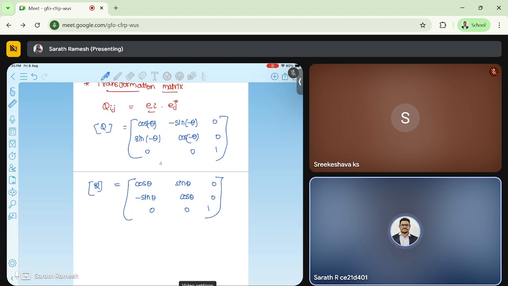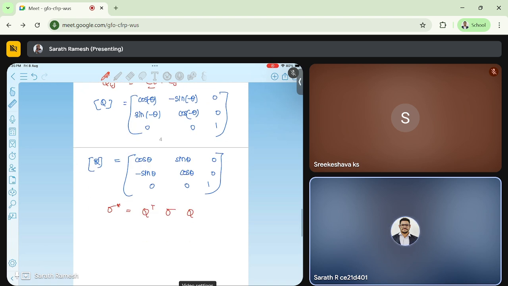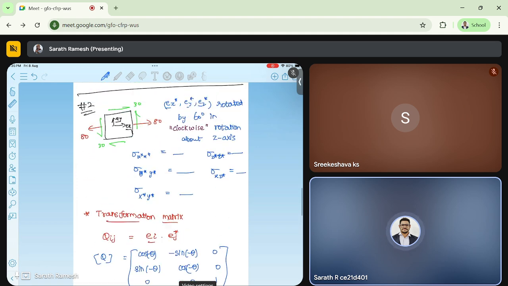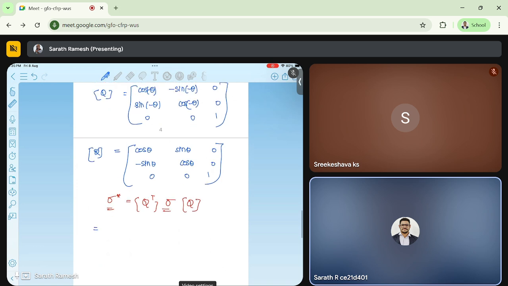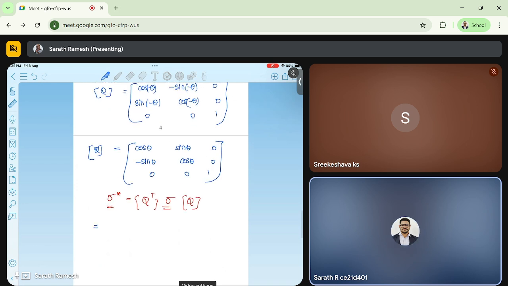Sigma star is equal to Q transpose sigma Q. So this is equal to Q transpose. Theta is again 60 degrees. So Q transpose, I am writing directly.